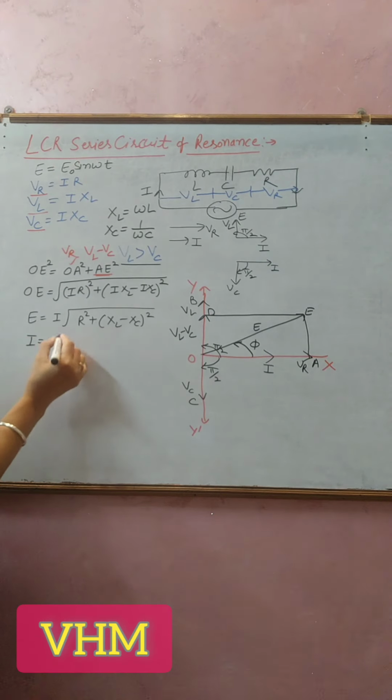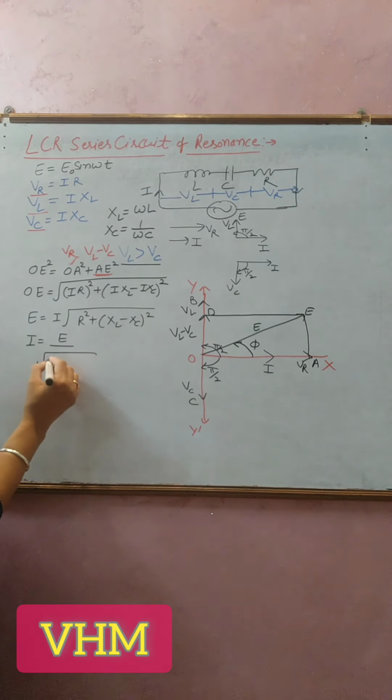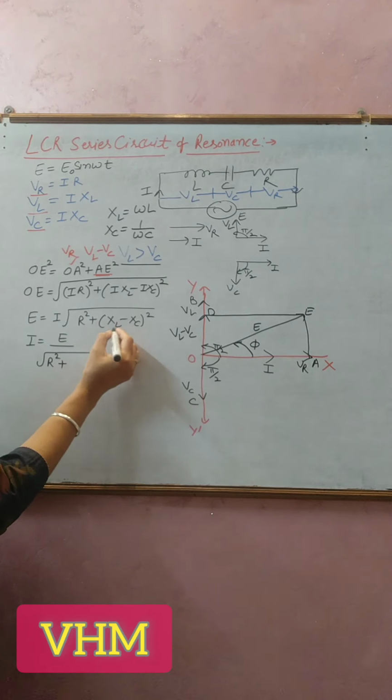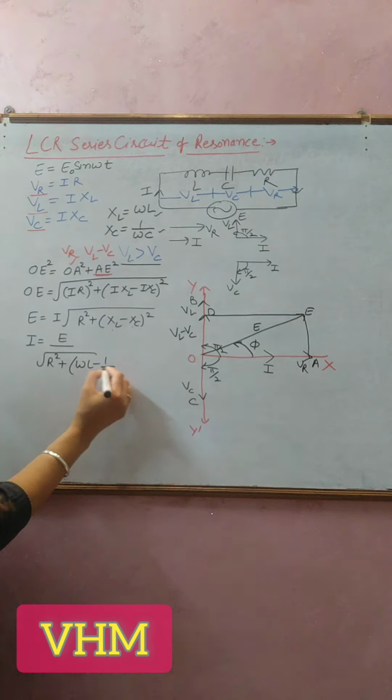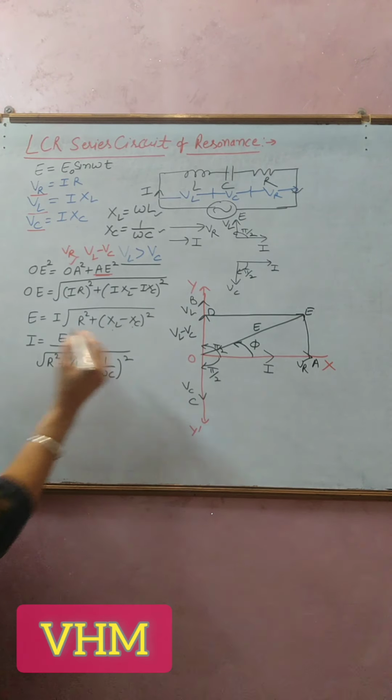And how is the current written? I equals E upon the square root of R square plus (XL minus XC) square, and XL, XC may be written as omega L and 1 by omega C, so (omega L minus 1 by omega C) square.